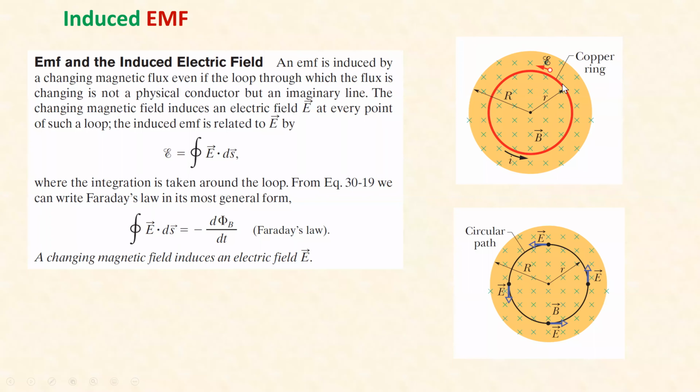When there are N turns, you see that the flux on each one is phi, and you have N turns, so it becomes N times that. So the inductance of that inductor is defined to be the total flux divided by the current in it that caused this flux.